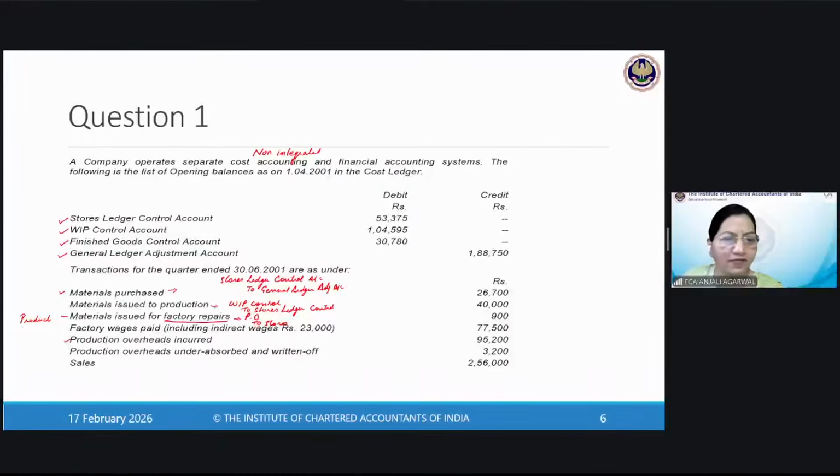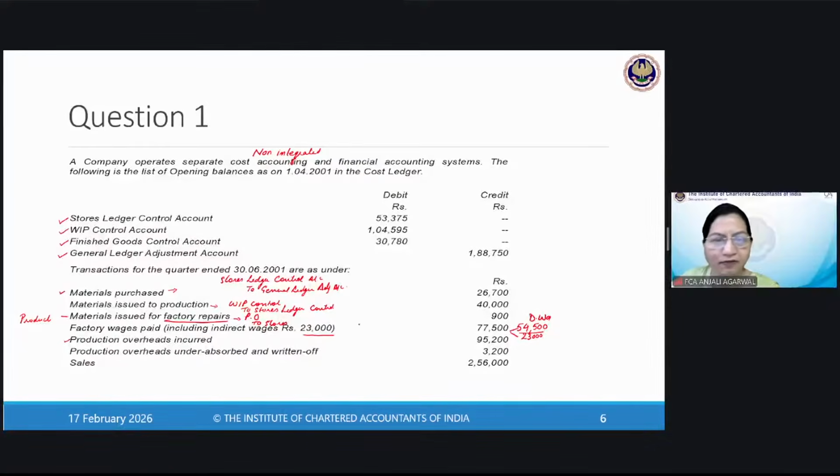Then there is factory wages paid, which includes 23,000 as indirect wages and 77,500 is total. So from 77,500, if you subtract 23,000, you will have 54,500 as direct wages and 23,000 as indirect wages.